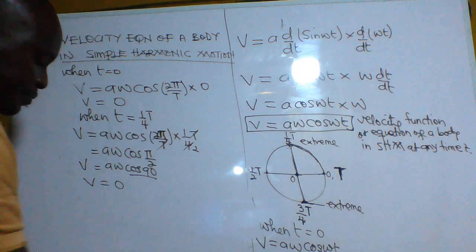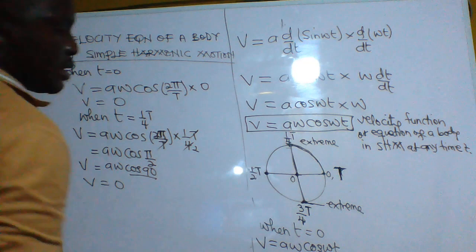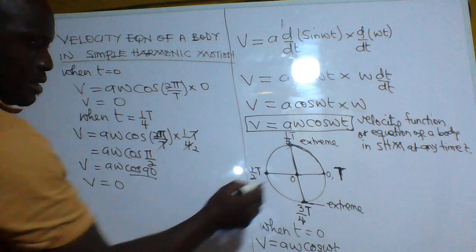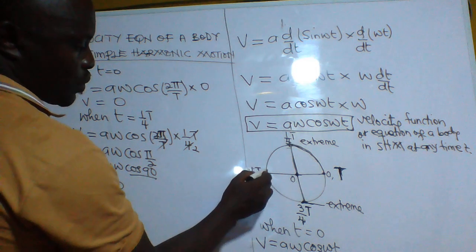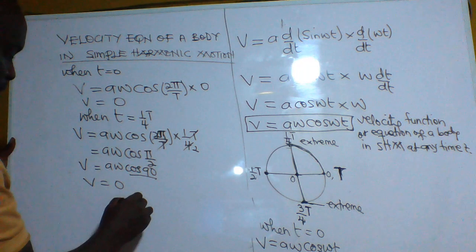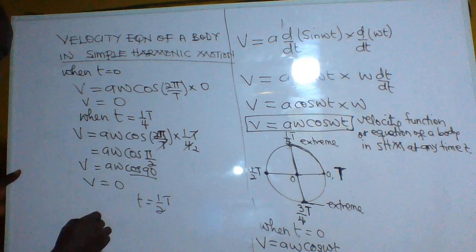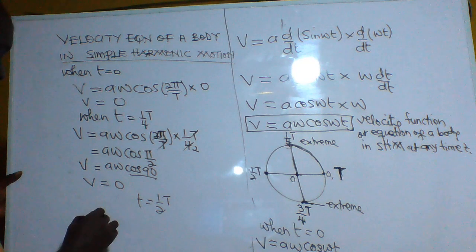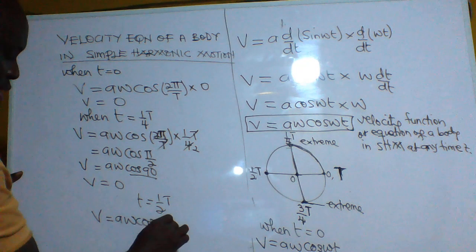Alright. Now let's look at when it is here. The velocity of the particle over here at t equal to half of the period: v is equal to A omega cos of omega t.